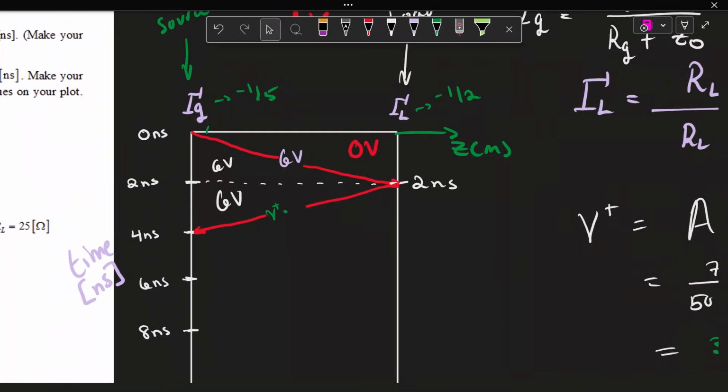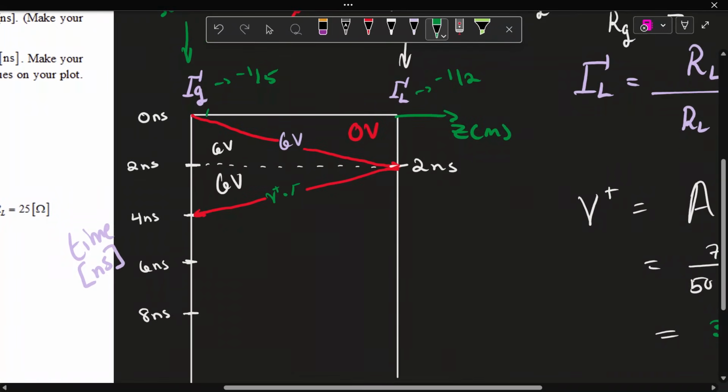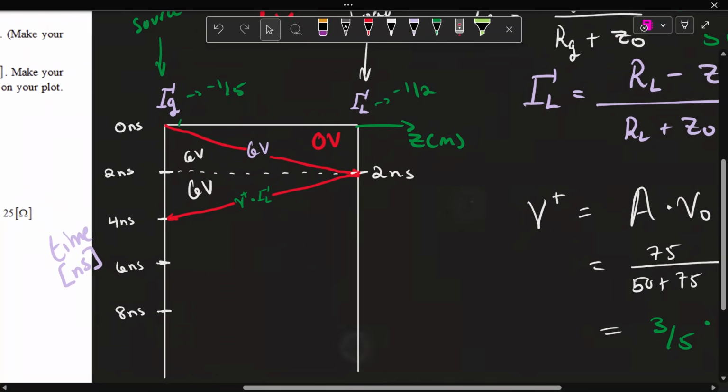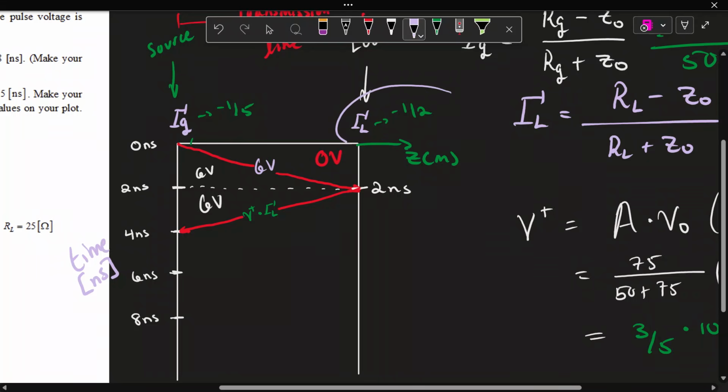So it's being reflected, and we need to know by how much. Well, it's by gamma L here. What was gamma L? Well, this is the reason we have these, so it's very easy for us to see. It's -1/2. So what goes here? 6 times -1/2 is -3.